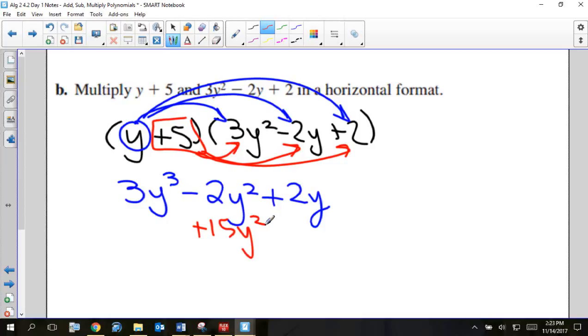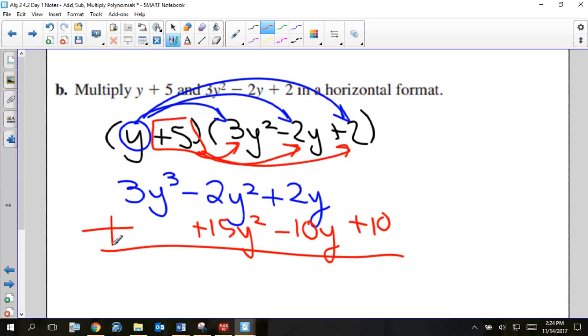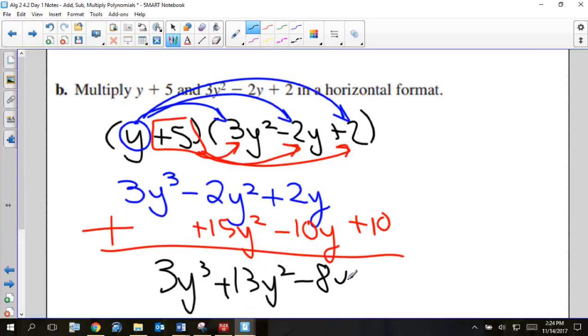But I like the adding up and down part. Then I'm going to do 5 times negative 2y, so minus 10y. And then 5 times 2 is plus 10. We collect our like terms: 3y cubed plus 13y squared minus 8y plus 10.